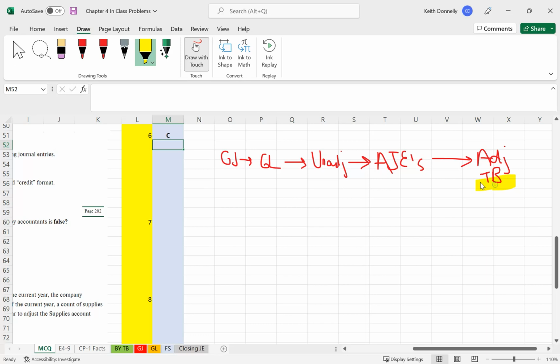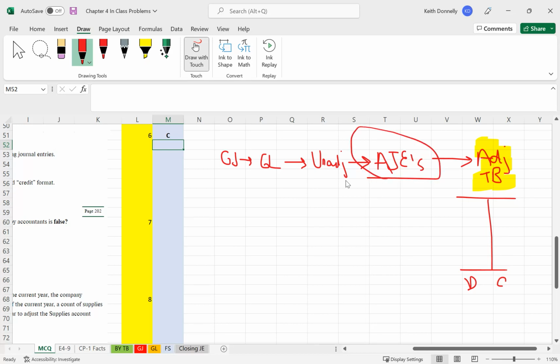And the idea with this adjusted trial balance is it's basically going to show all your debits and credits. At the bottom, your total debits are going to equal your total credits. And we do this after we make the AJE. So you do your journal entry, general journal, then create an unadjusted trial balance.